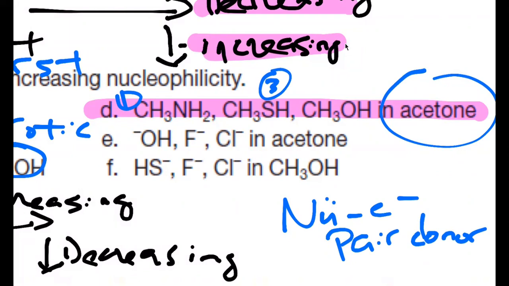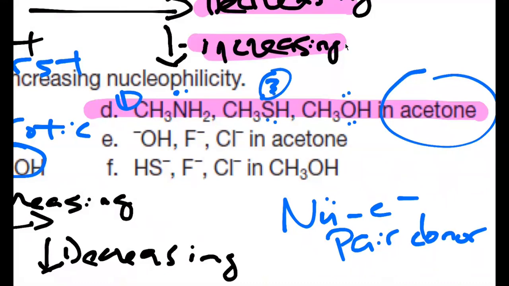But the only atoms that can be nucleophiles are atoms that have lone pairs of electrons. Right? So when we go back up to D, it's not the carbon or the hydrogen, it's the nitrogen, because nitrogen has a lone pair. Sulfur in this case will have 2 lone pairs. Oxygen will have 2 lone pairs.